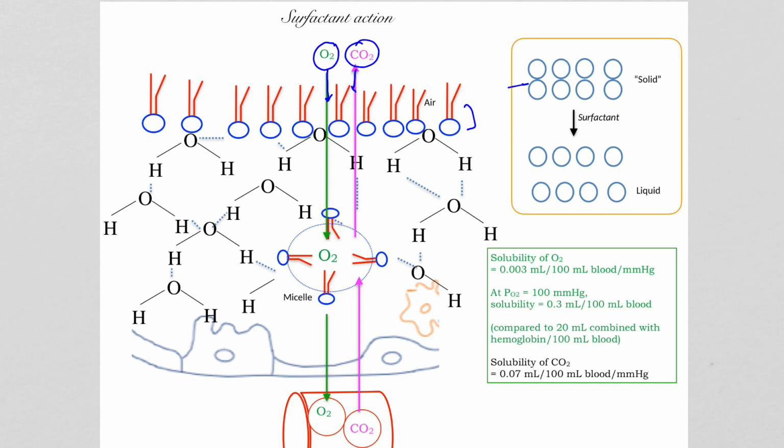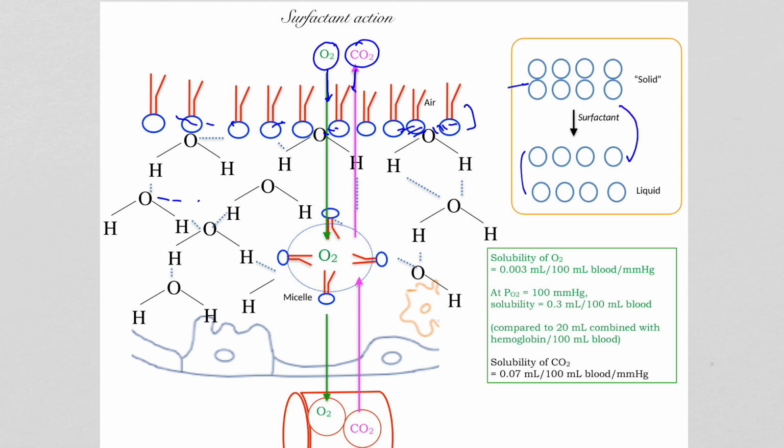So what surfactants do, they help this solid layer become more liquid, because now these surface layers can start hydrogen bonding to the heads, and so they can start separating from the ones at the bottom.